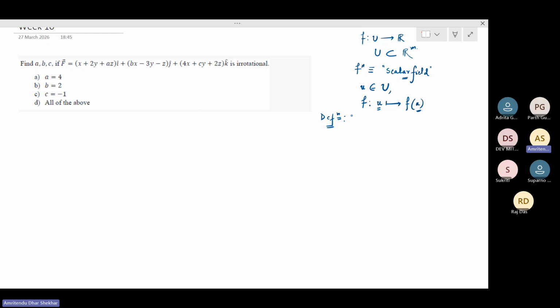So a vector field, what it does is that it associates to each point a vector. Okay.